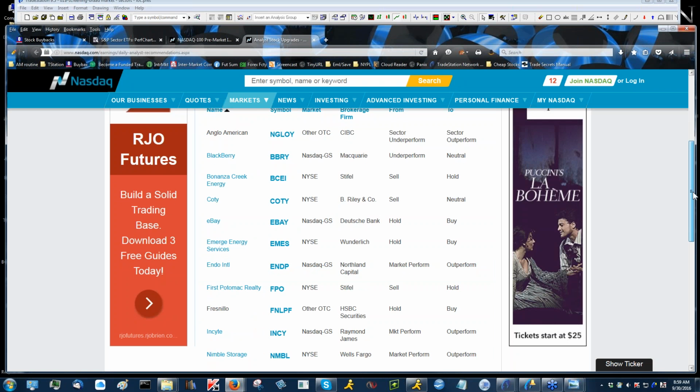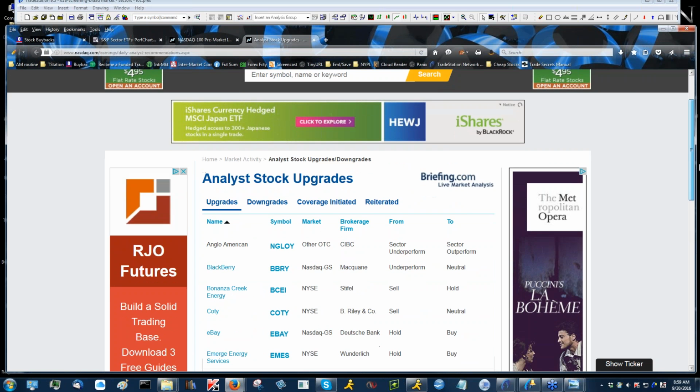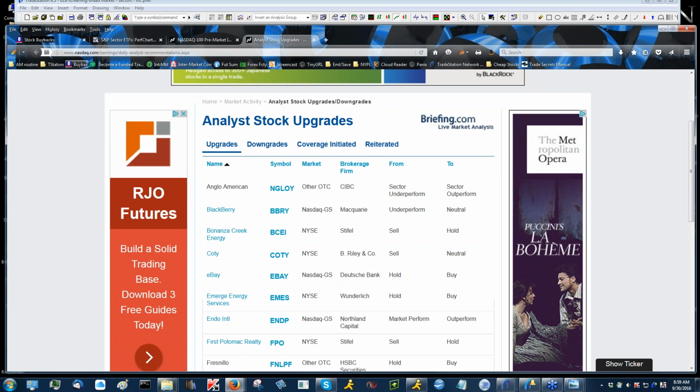Another thing I'm a big fan of is looking for analyst upgrades and downgrades. Again, on the NASDAQ website, they have a lot of economic calendars, and the sites that have calendars will also have these. So this is a great place to look for symbols, upgrades, downgrades, and where they initiate coverage. You can see BlackBerry here went from underperform to neutral, not all that exciting.